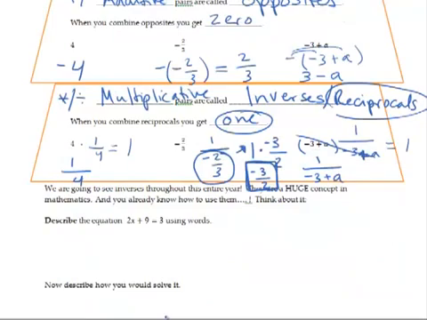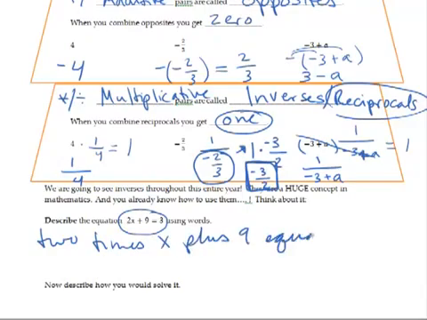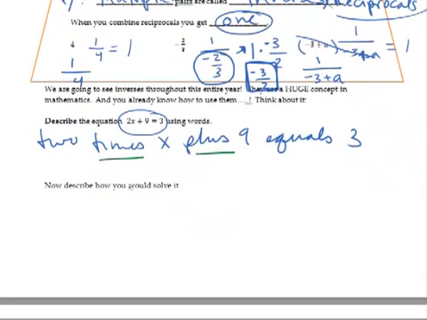Two more things about inverses really quick. The equation that you see here, think about how you would say this using words. We would say 2 times x plus 9 equals 3. Pay attention to the mathematical operators. We have the word times and we have the words plus. Then, think about how you would solve it.